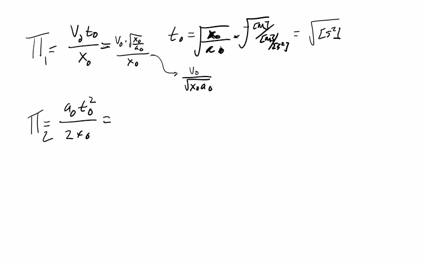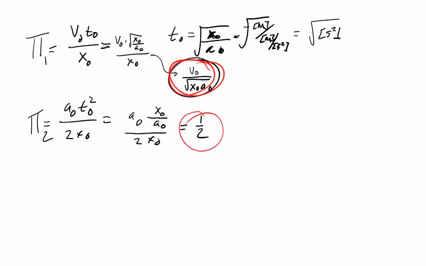That's one possibility. And over here, you get a0 times x0 over a0 over 2x0, and so this becomes 1/2. So now you have this particular dimensionless parameter for pi 1, and pi 2 just becomes 1/2. Absolutely acceptable for t0.